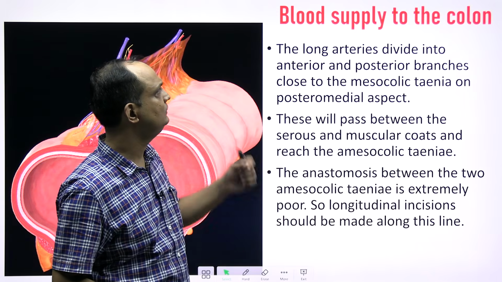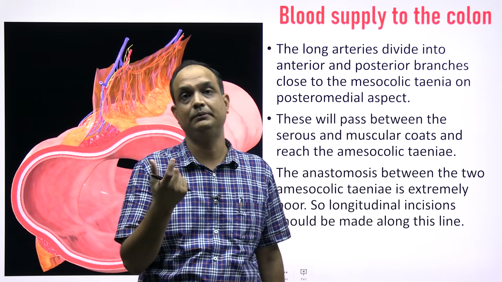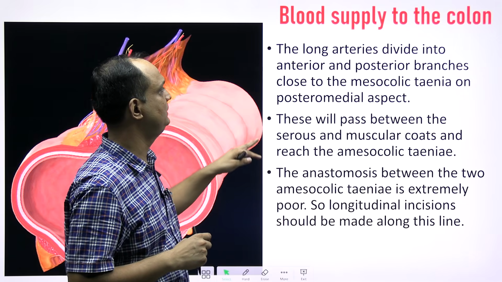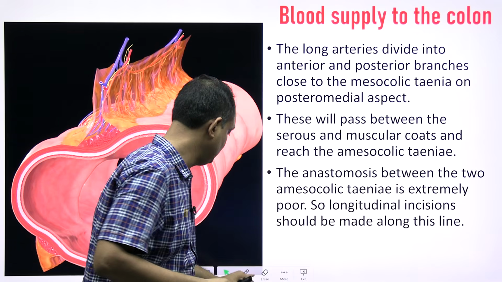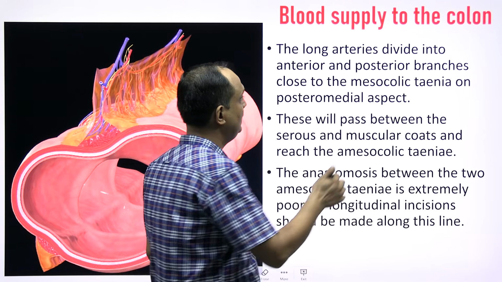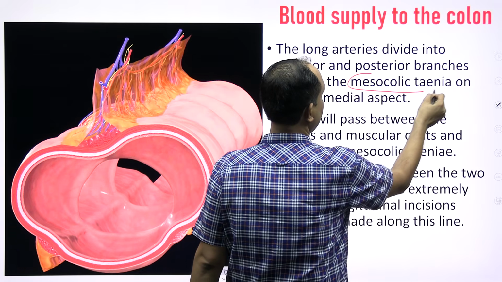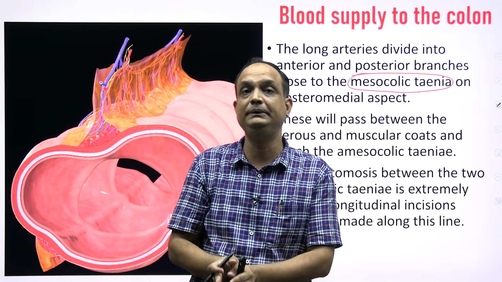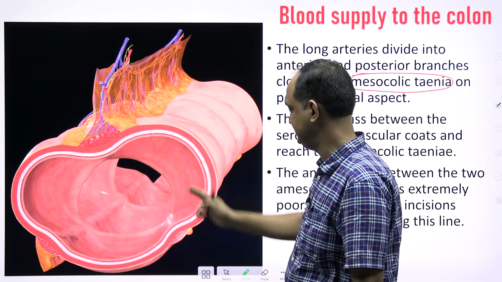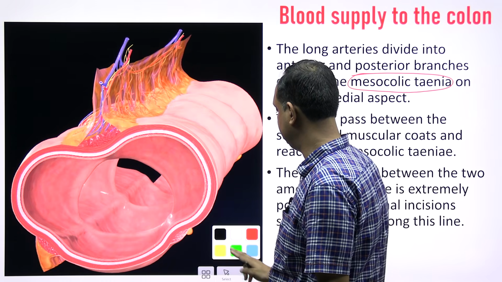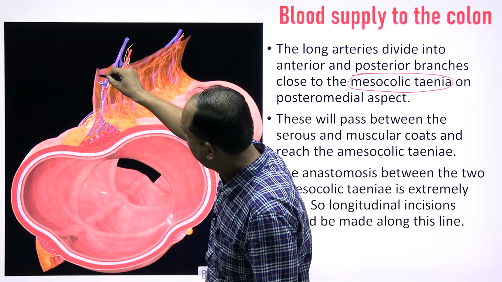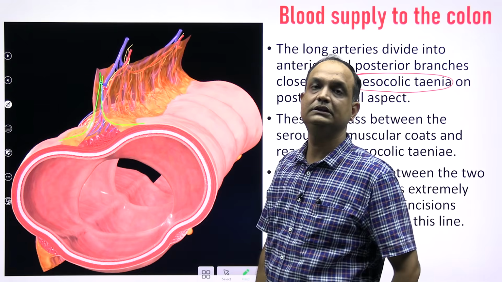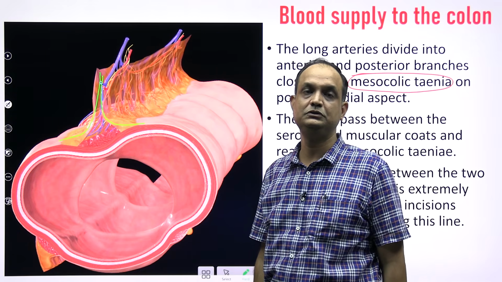Now, what is another important thing about the blood supply? The long arteries divide into anterior and posterior branches close to the tinea mesocolica. You have to understand this term. Whenever we have the attachment of a mesentery, suppose in this image you can see this is your mesentery, it has its attachment here on the posterior side of the transverse mesocolon.